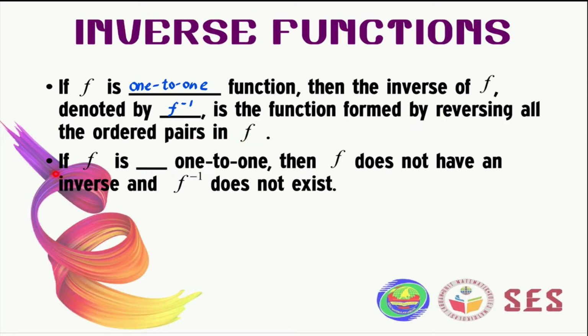If f is not a one-to-one function, then f does not have an inverse and f inverse does not exist. So basically we need to know that only a one-to-one function has an inverse.